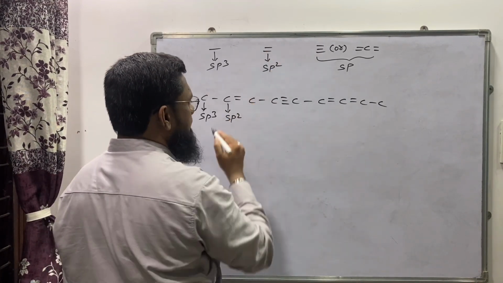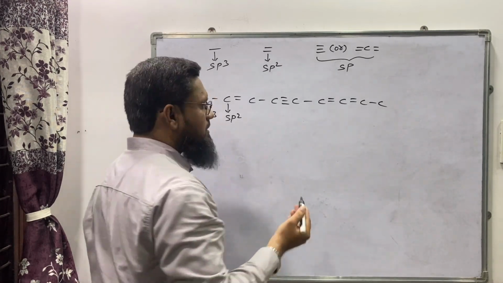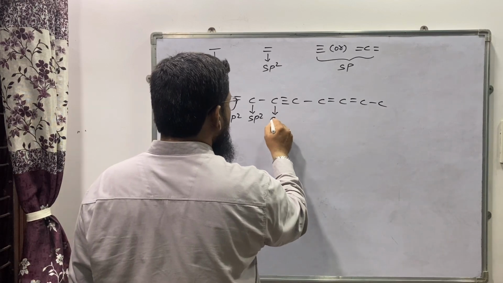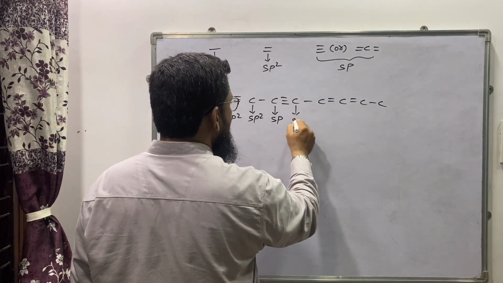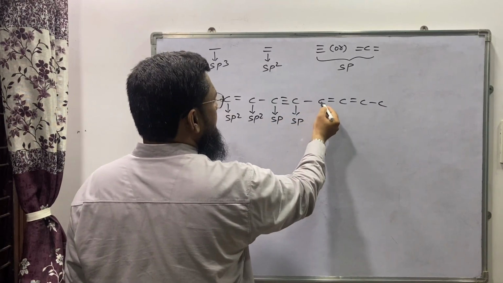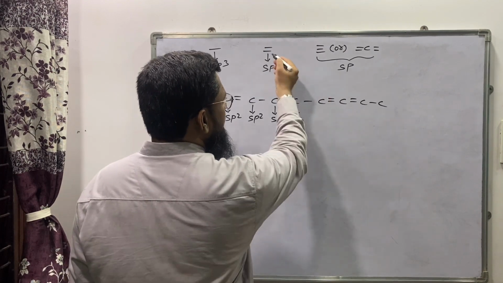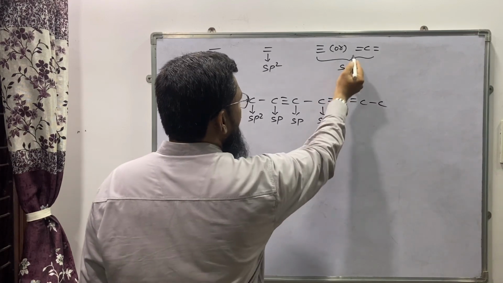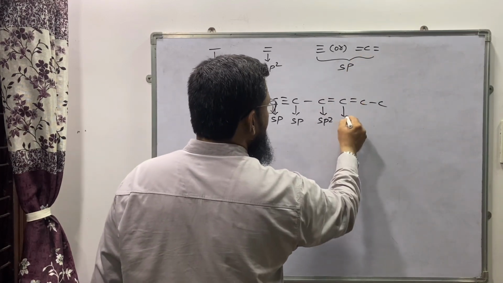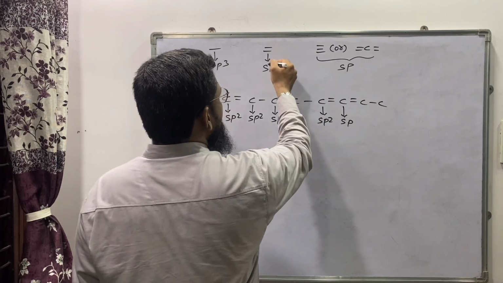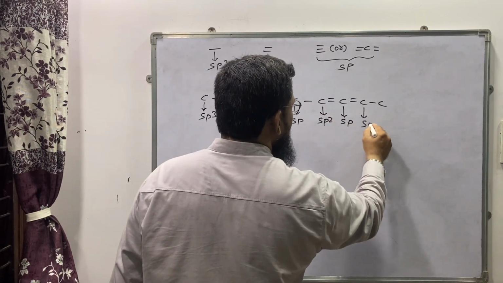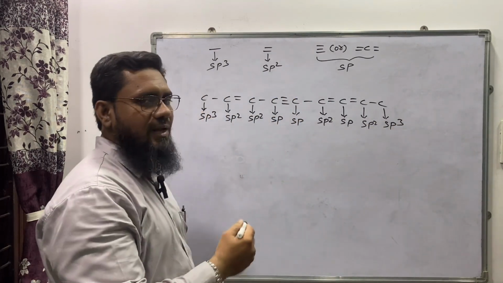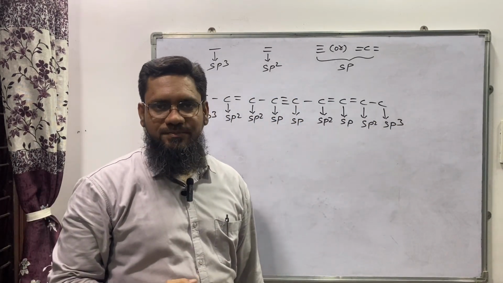So we give the importance to the multiple bonds. Carbon triple means we take the sp hybridization. Carbon single, double, for double we take the sp2. Now carbon with double bonds on both the sides means we take the sp. Carbon double bond means sp2 hybridization. Carbon single bond means it is a sp3 hybridization. Like this we need to take the hybridization.